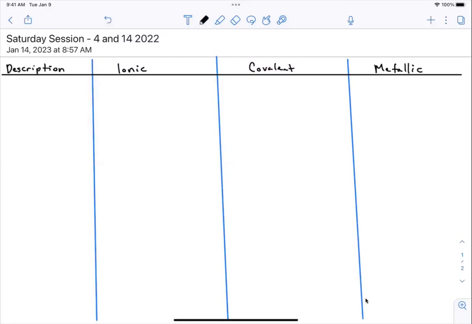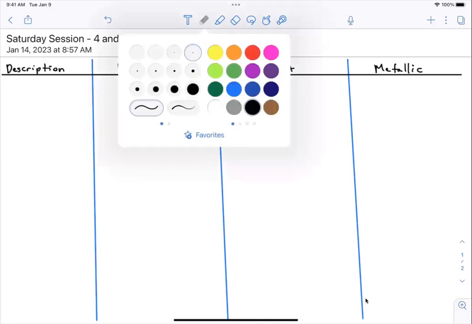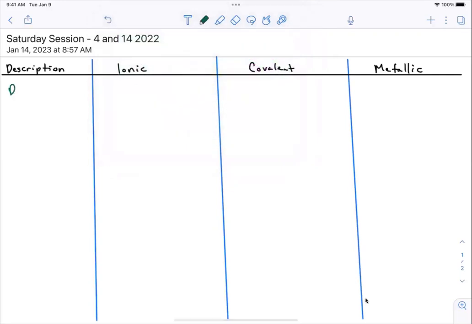This is a really common multiple choice question. A lot of times they'll say, which of the statements best describes ionic bonding or covalent bonding or metallic bonding? And so the first thing we want to establish is the definition of each of them, okay?